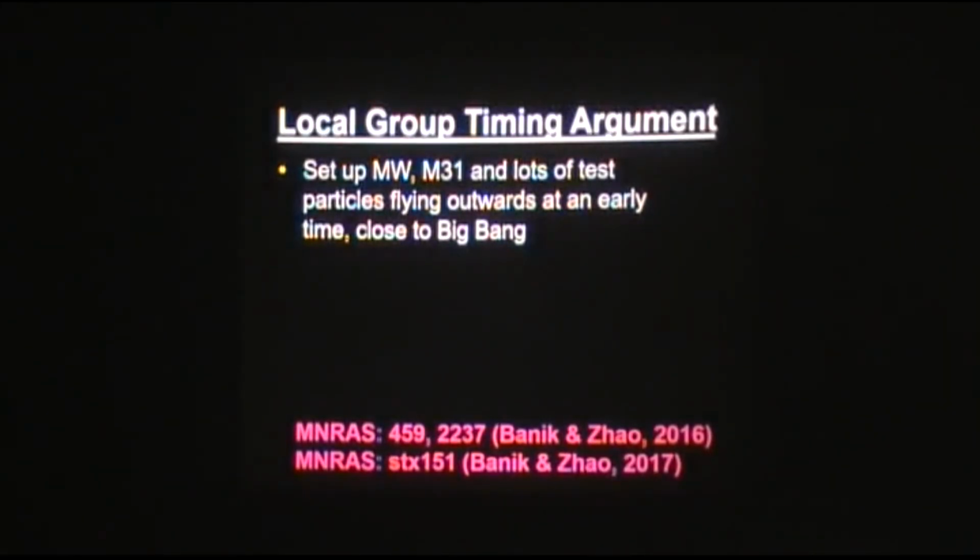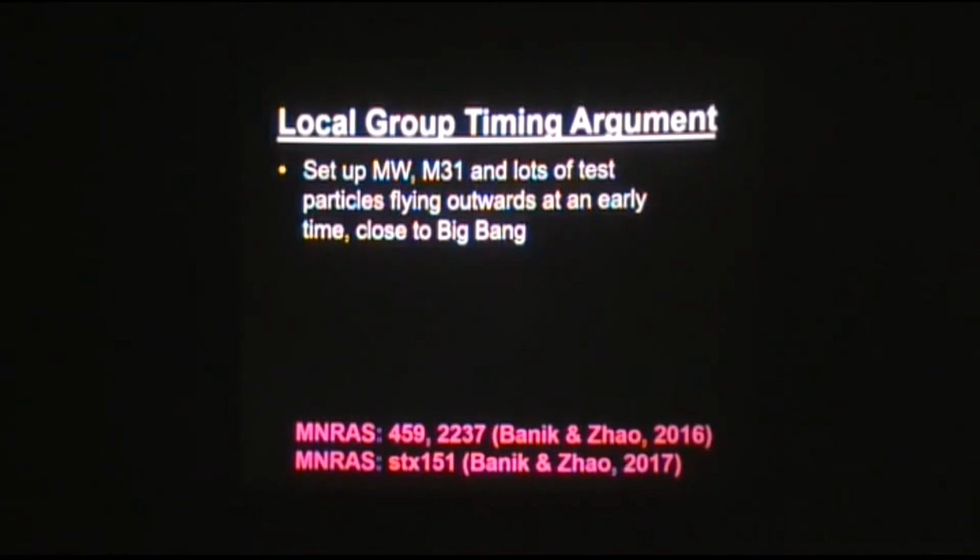So to try and test whether such a dramatic event had happened right in our backyard, in a cosmic sense, we did a calculation involving what's called the local group timing argument. And we published 2 papers about that so far. So you set up the Milky Way and Andromeda and lots of test particles flying outwards, close to the time of the Big Bang.